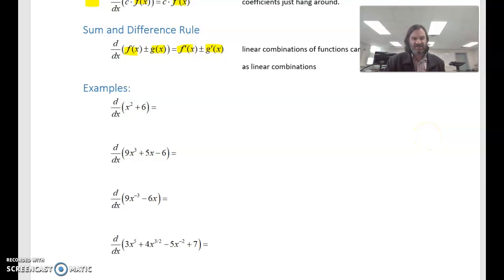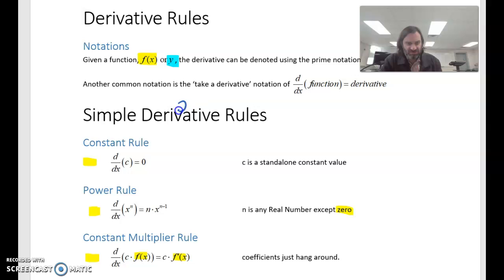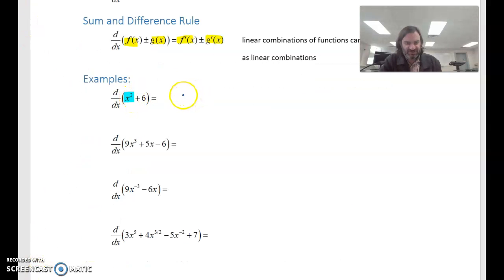The first thing I've got here, I'm going to try and take the derivative of x squared plus 6. With the x squared, I'm going to apply that power rule. So the exponent of 2 comes out front, and then it'll be x to the 2 minus 1.